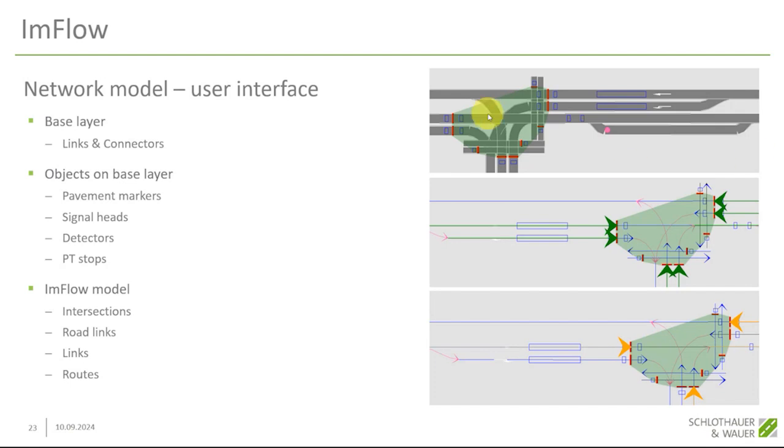Based on this Vissim network, we can import this to ImFlow, and in ImFlow we do the definitions of the elements that actually comprise the ImFlow control, so intersections, road links, and routes, and so on. So these layers and objects on the base layer, this information can be introduced either in Vissim or in the ImFlow editor. But this ImFlow model information has to be done in the ImFlow configurator then.